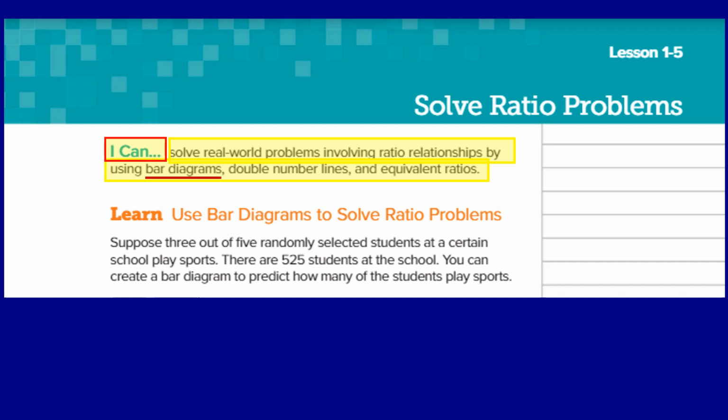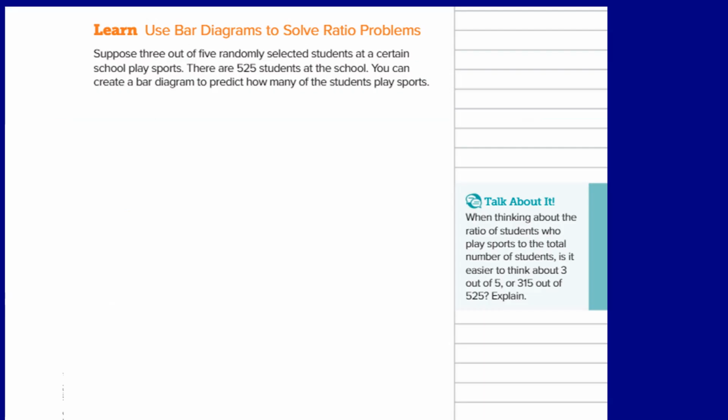And they talk about a couple different ways that you can do that with bar diagrams and double number lines and equivalent ratios. We're going to focus in on equivalent ratios, and I'm going to show you 2 processes that will always work. I find one to be easier because I can then use that in a variety of different math problems. So as we're going through this, please pay attention and follow along.